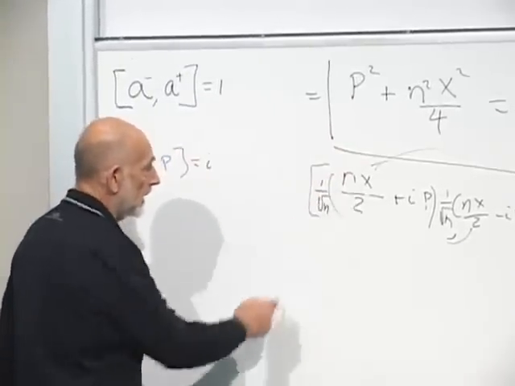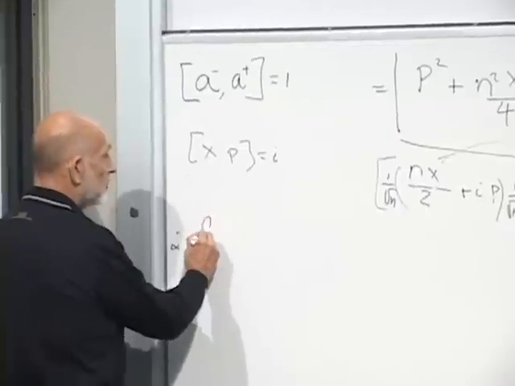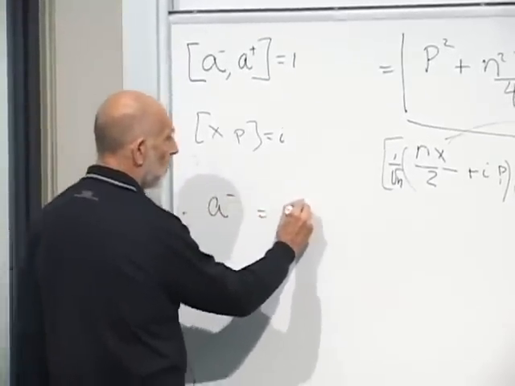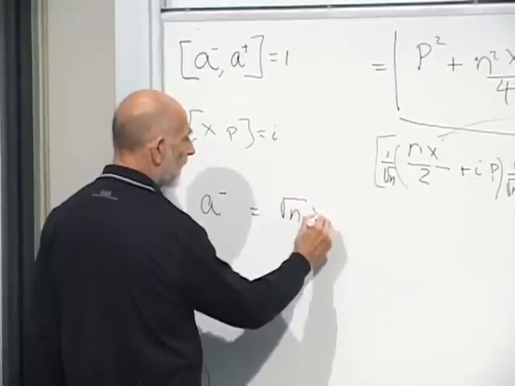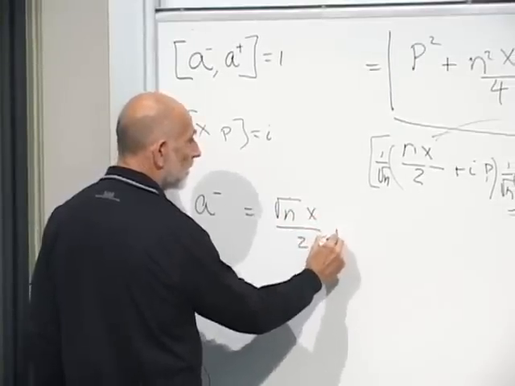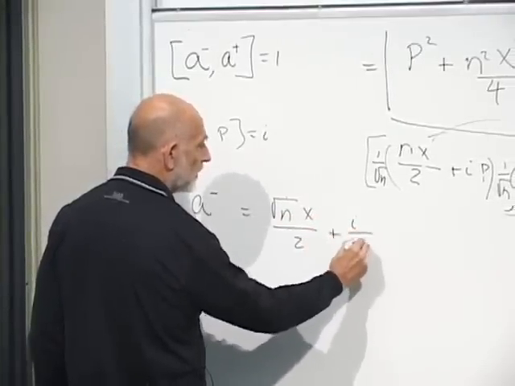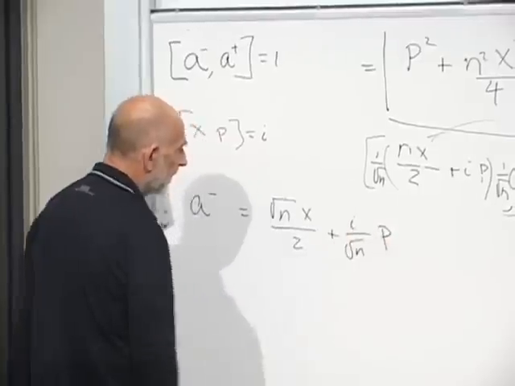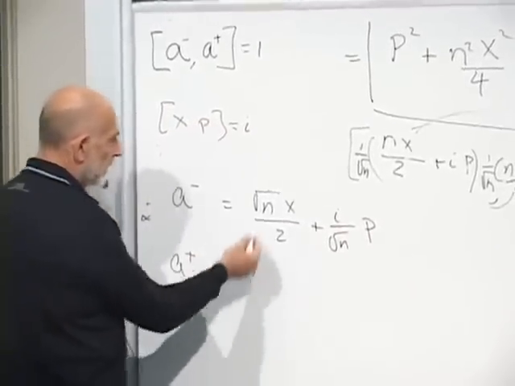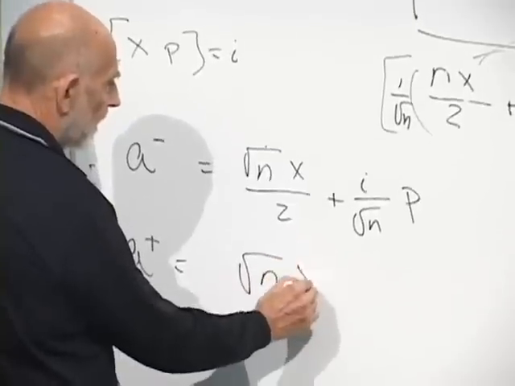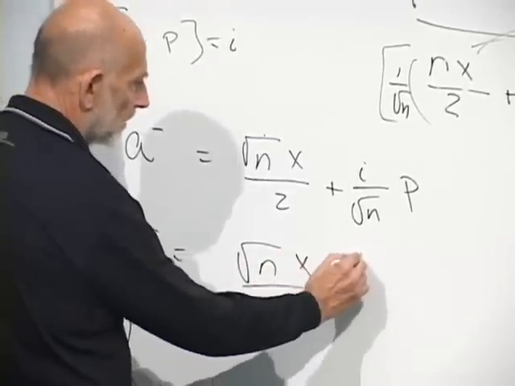So we then identify the annihilation operator, a minus, as 1 over the square root of n times square root of n x over 2 plus i over the square root of n p. And the creation operator is the same thing except with a minus sign.